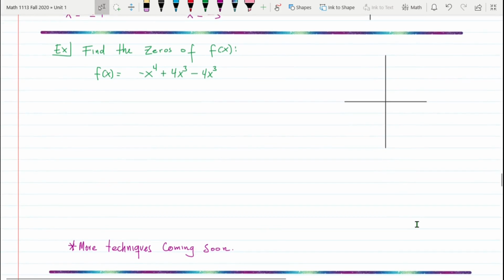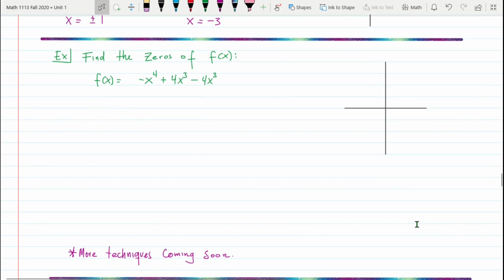Alright, let's do another example where it's a little bit different. f of x equals -x to the 4th power plus 4x to the 3rd power, and this should be to the power 2.